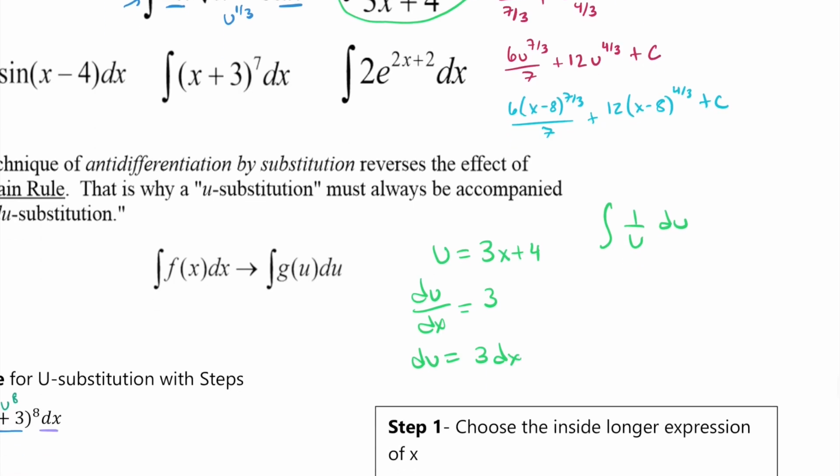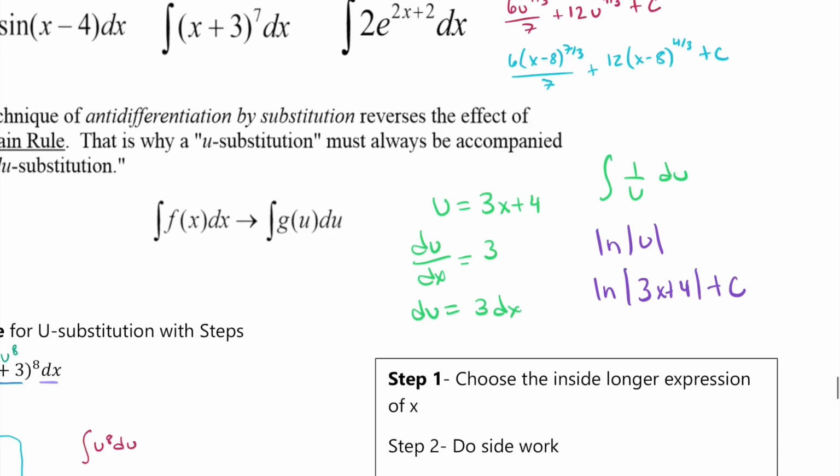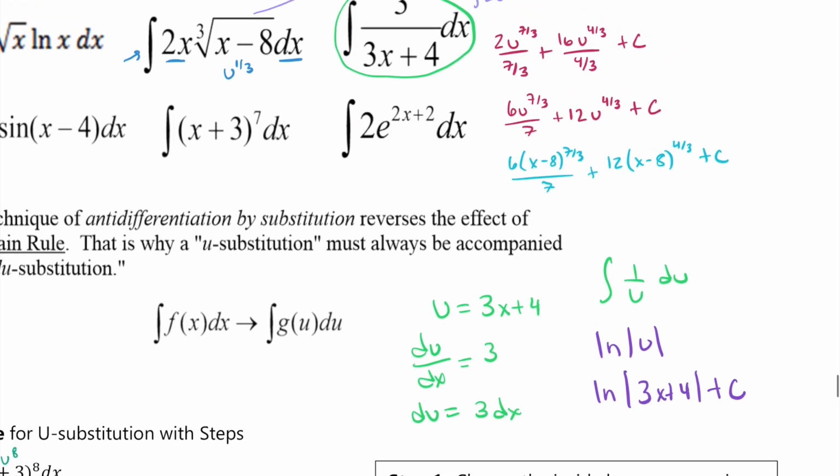The antiderivative is ln of u plus c. So the ln of 3x plus 4 plus c. There we go. And if I derive it, I'll still get what I originally started with.